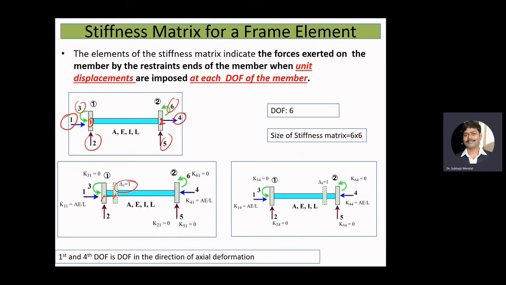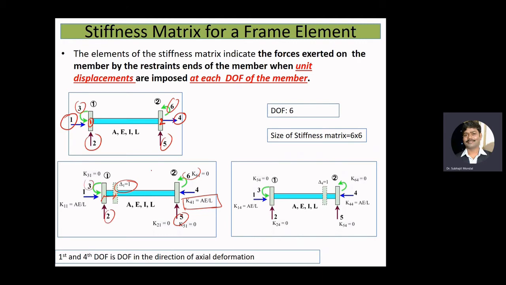Now, since we are applying pure axial displacement here, we will have forces only corresponding to the axial degrees of freedom. We will not have any forces on the 5th degree of freedom, 6th degree of freedom, and the 4th and 3rd degrees of freedom.